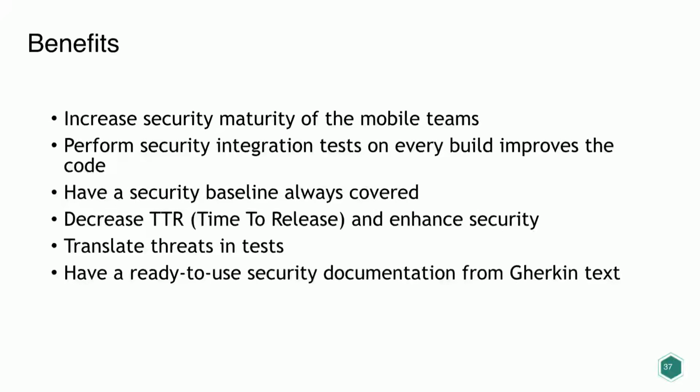And like I said, we want to translate threats into code, into tests, because it's the only way to keep track and have developers writing and understanding the threats in their threat model. And of course, we can have ready-to-use security documentation from the Gherkin text that can be used to prove that the app covers the security features.